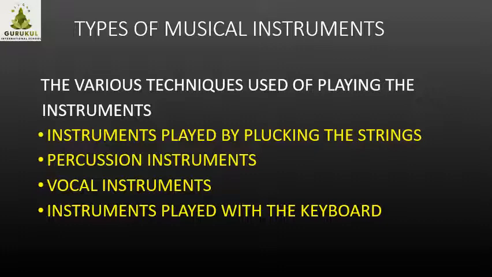Okay, then vocal instruments. Vocal means, you might have heard, there is a vocal cord in our throat. There is a sound box, voice box, because of which we can speak, we can make sound. Okay, so it works with the help of air. So we can produce different sounds with the help of our voice box.